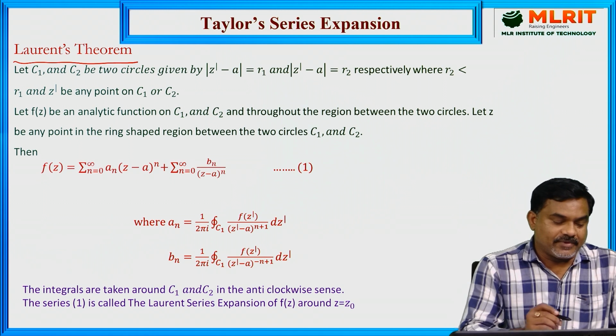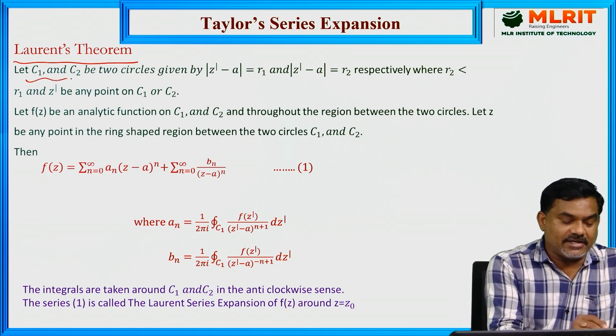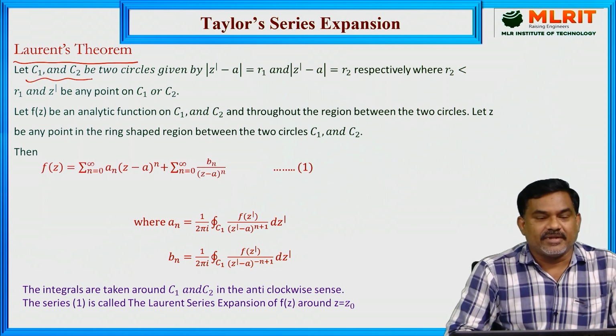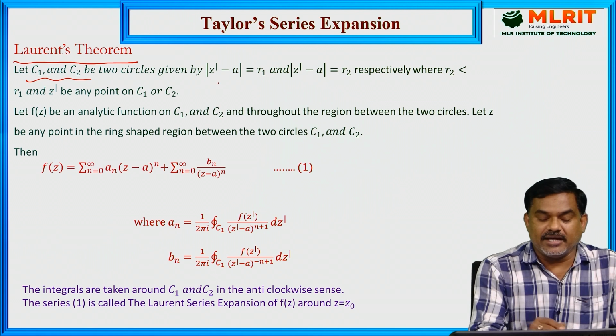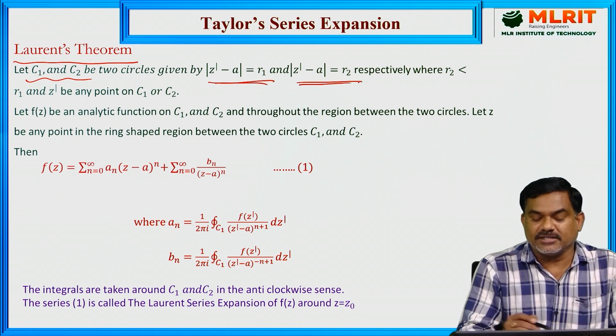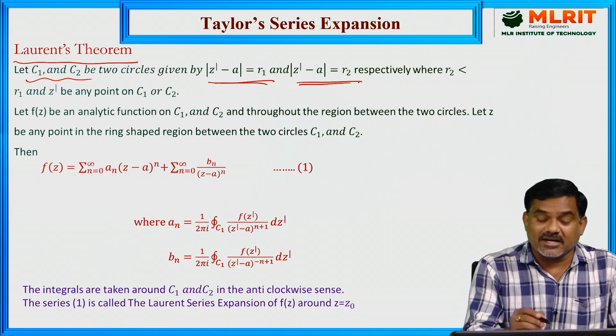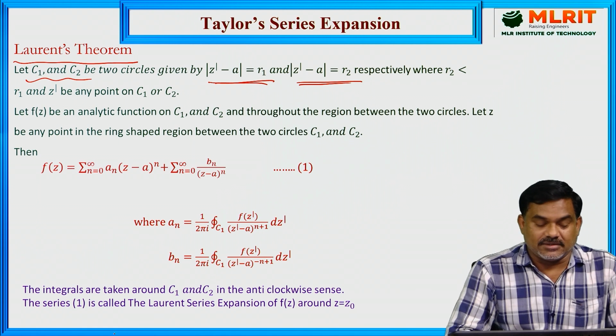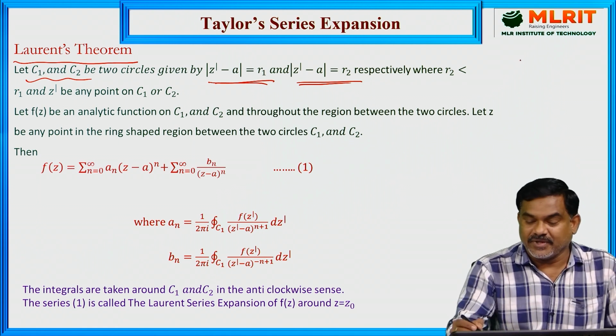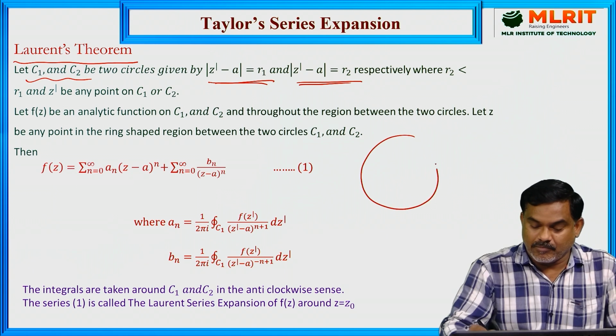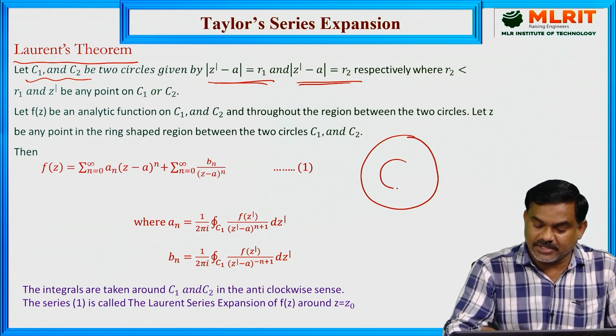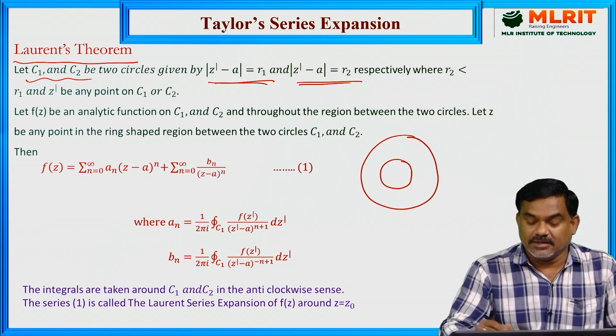Here, let C1 and C2 be two circles given by mod z minus a equal to R1 and mod z minus a equal to R2. That means there are two concentric circles with different radii. For example, this is one circle and this is the second circle.